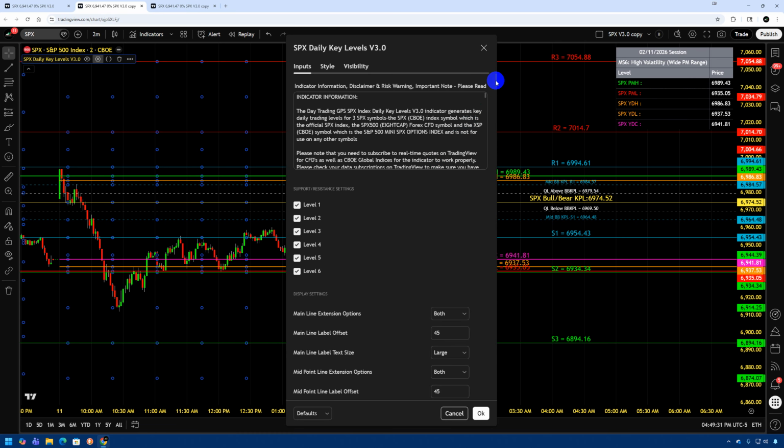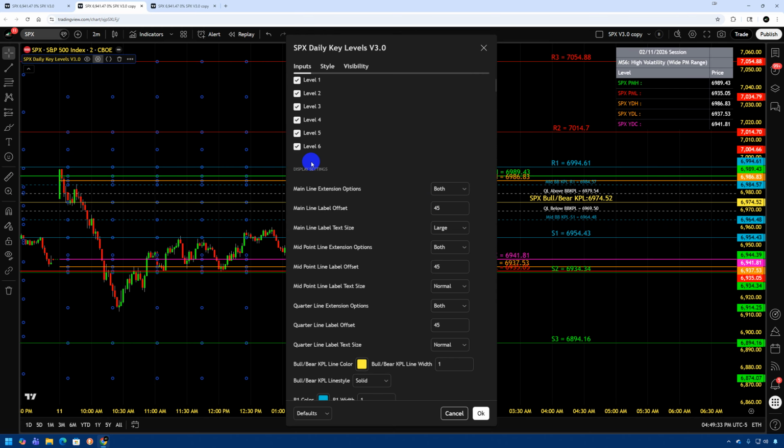Okay, so the first thing that you want to do when you're trying to look at historical sessions, regardless of which levels you're trying to look at, is go ahead and change all of these display settings, as far as line options, to write only, where they have a drop-down menu where you can make a choice. The reason for that is when you're looking at historical sessions, it needs to be on write only.